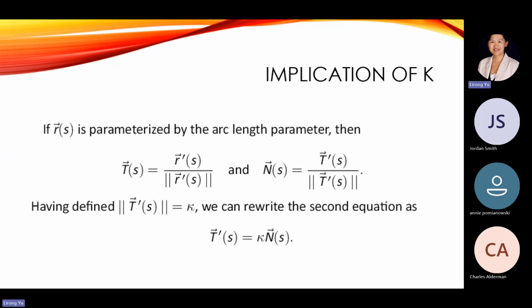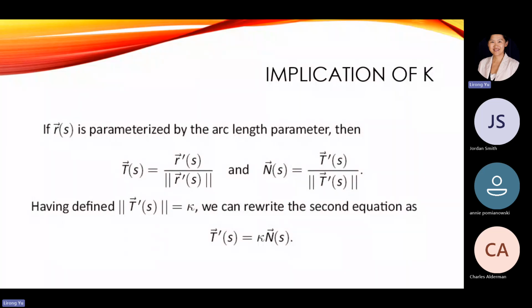All right, so suppose we're using the arclength parameter in the position function. Then according to the definition that we had from last section, T is defined by R prime divided by the magnitude of R prime. The normal vector N is defined as T prime divided by the magnitude of T prime. If we're using the arclength parameter, then the magnitude of T prime would be the curvature, which means the denominator here will be the curvature.